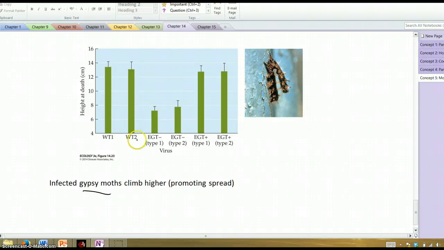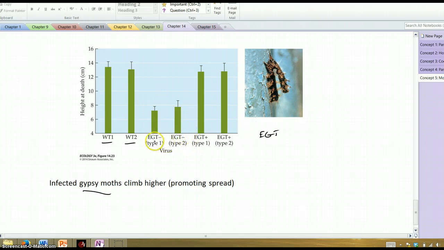What we see here in these data are essentially 6 different experimental groups, and the WT represents the wild type or normal form of the virus, and it modifies the behavior of the moths to climb higher, which facilitates spread of the pathogen. They hypothesized that there was this particular gene, abbreviated EGT, that is responsible for this behavior.